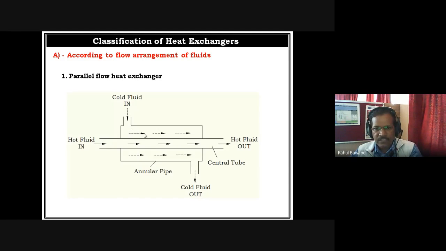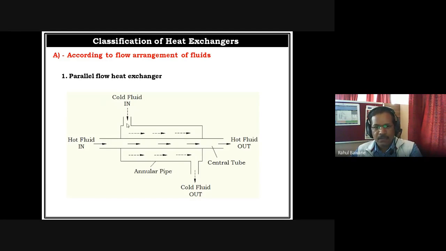During its pass it will gain heat, because the hot fluid is definitely going to deliver heat to this pipe section, and surrounding this pipe section there is a cold fluid, so the cold fluid will extract heat. So the cold fluid, during its path from inlet to outlet, gets heated, gains the heat, and moves out at the outlet, but it will be warmer.